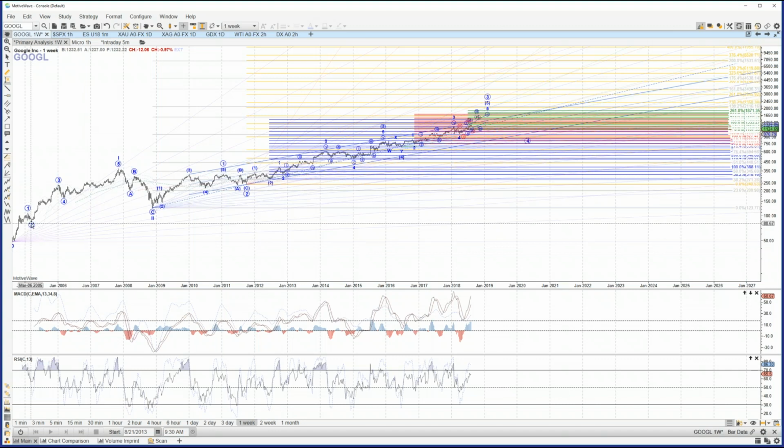And we can see what looks like a 5-wave move off of that IPO price, followed by a 3-wave pullback. So 5 waves up into the 2007 high here, and then a 3-wave pullback into the 2008 low. So I am counting that as wave 1 and 2 of an impulse at cycle degree, this 1 and 2 here.